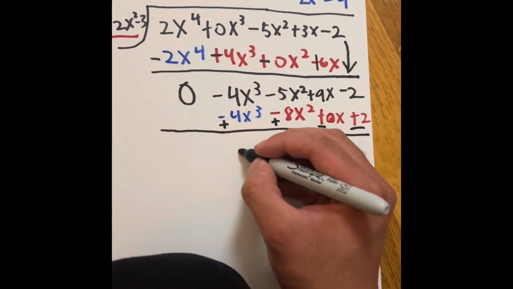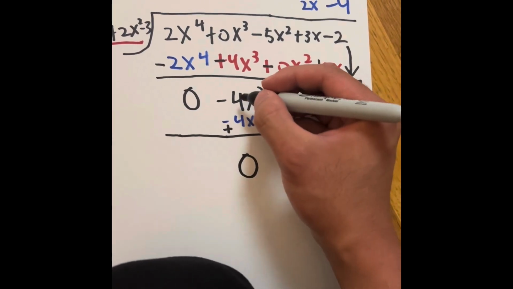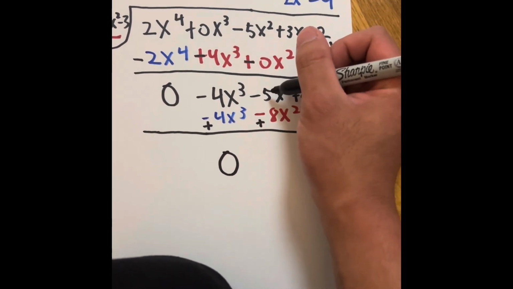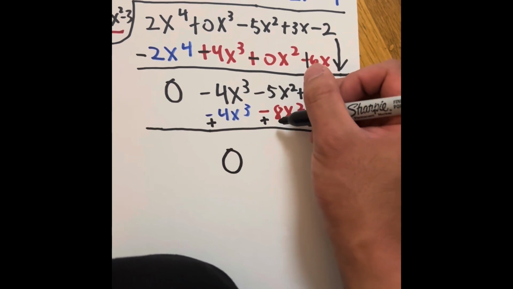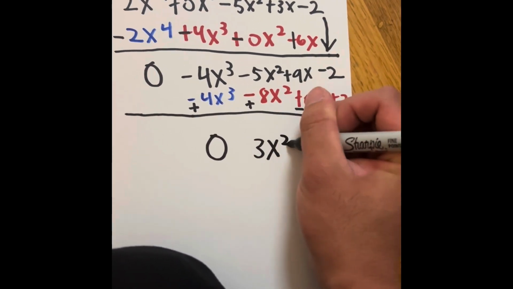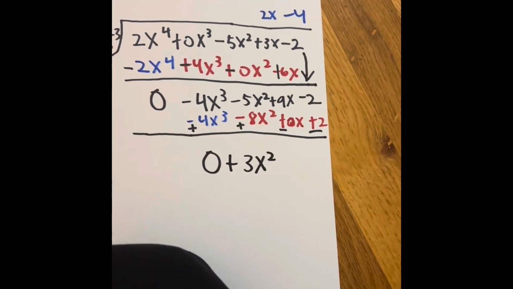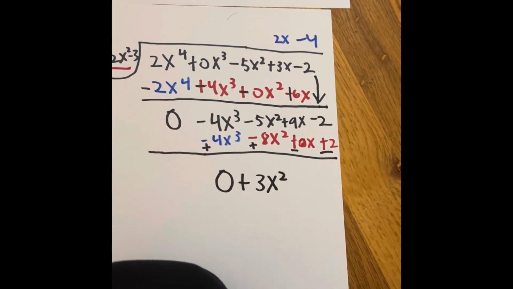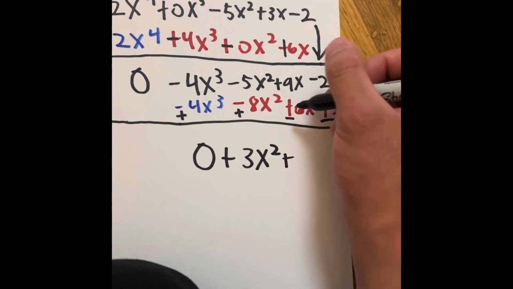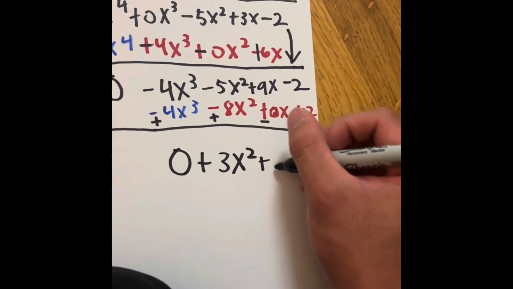This and that is going to bring me to 0, because this plus that is 0. If we do negative 5x squared plus 8x squared, you get 3x squared. We're going to add that, but the 0 is not necessary because it's drained down to 0. Then we have 9x plus 0x, which is just 9x.